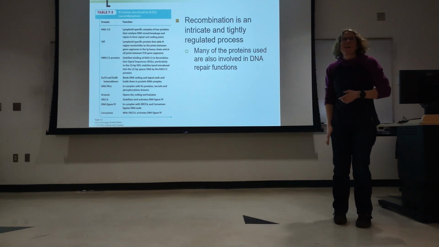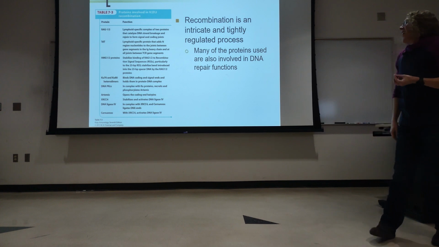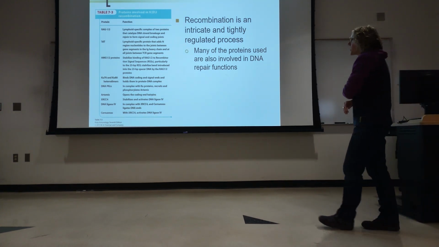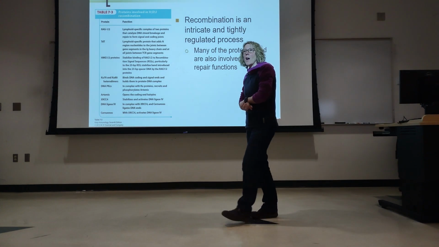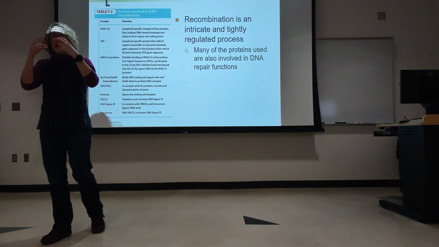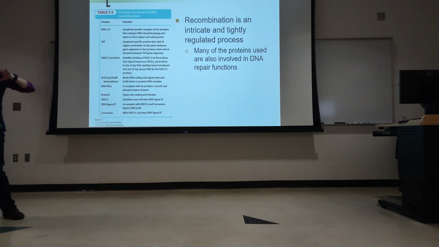There's a whole set of very special, very important enzymes that are involved in this process. The two most important enzymes that are absolutely necessary for cutting and pasting the chromosomes back together in the order that we want, our VDJC or our VJC, for making heavy chains or light chains, are RAG1 and 2.